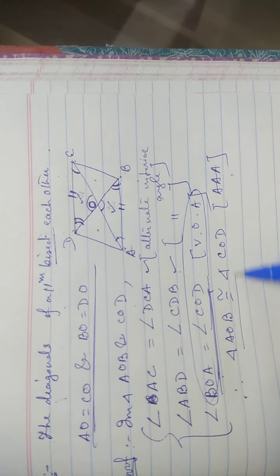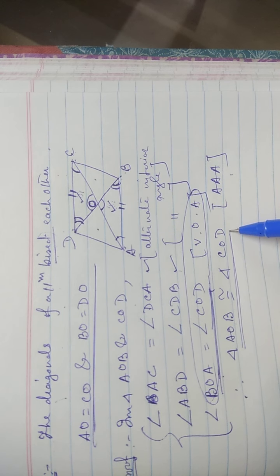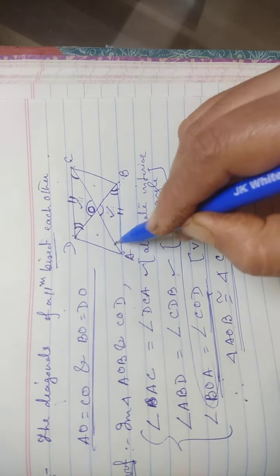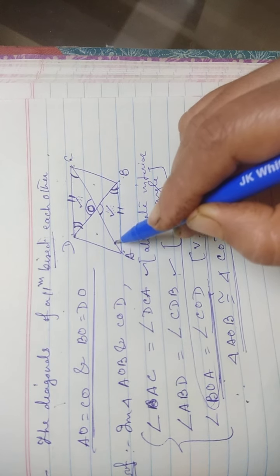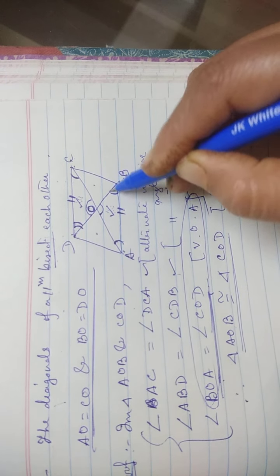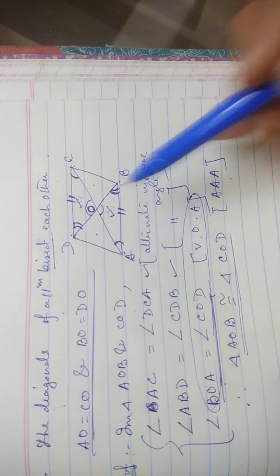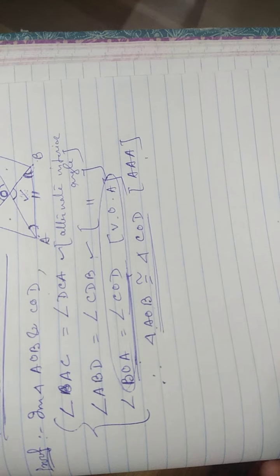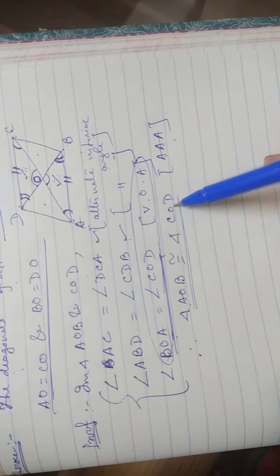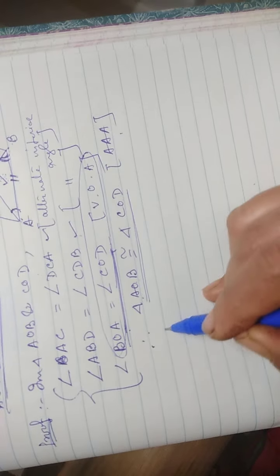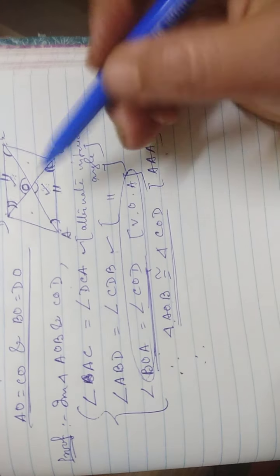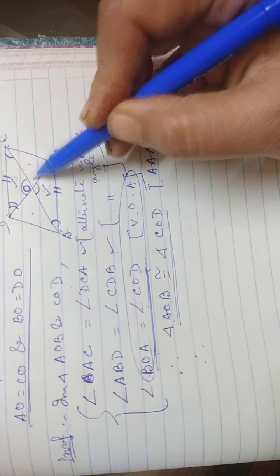Then which criterion will it be? Angle, side, angle. So by angle, side, angle, you can prove these two triangles are congruent. So whenever you find these two triangles are congruent, so obviously you can write down these sides also equal.